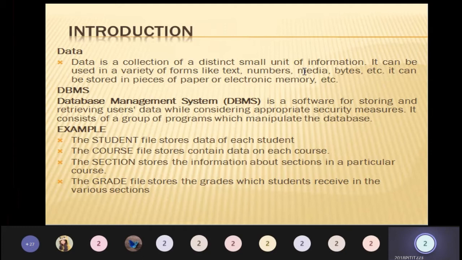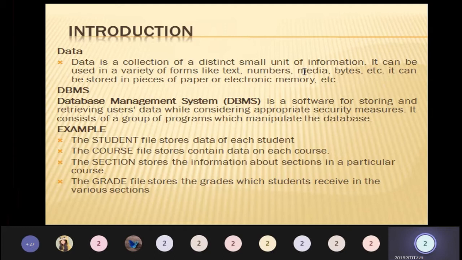The primary objective of the database system is to provide a convenient environment to retrieve and store the database information. The database system supports a single-user and a multi-user environment.